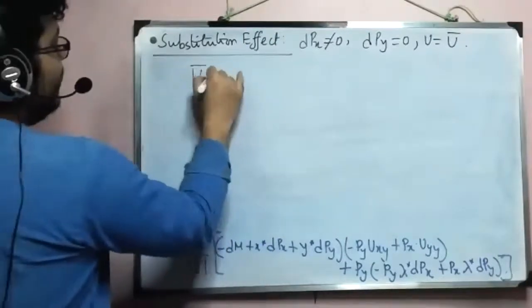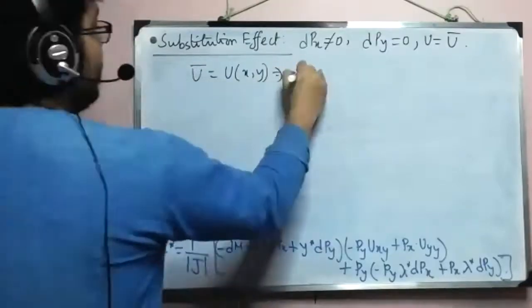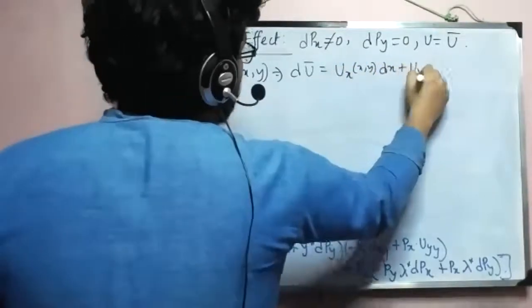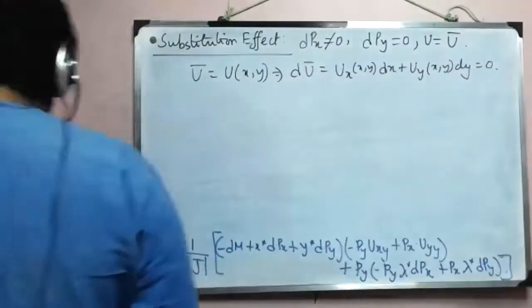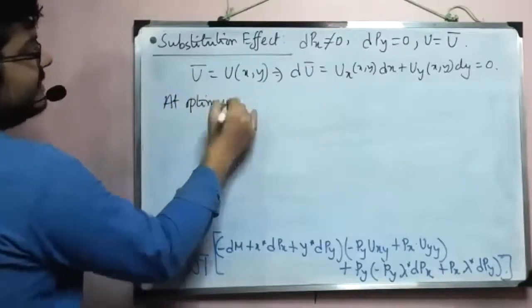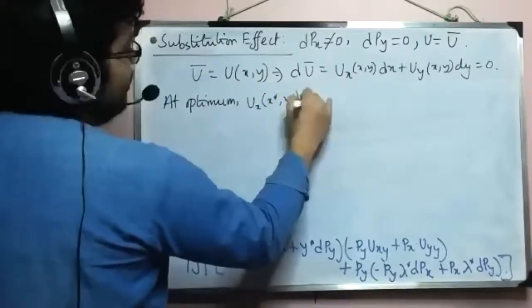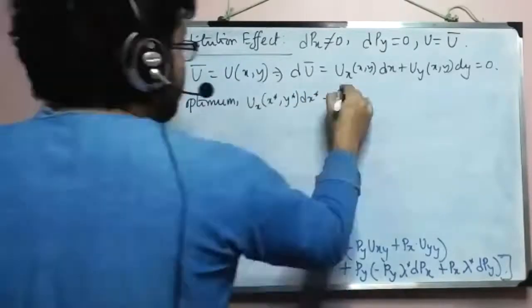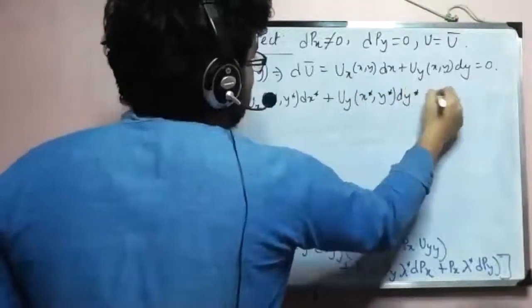Now u bar equal to u of x, y, so that implies du bar equal to ux(x,y) dx plus uy(x,y) dy equal to 0. Now we are working at the optimum, so at the optimum this also holds true: ux(x star, y star) dx star plus uy(x star, y star) dy star equal to 0, right?